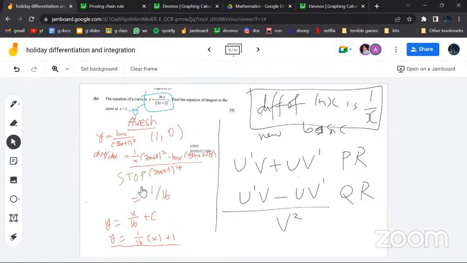What is x to the power of 0? 1. What happens to the 3? The 3 stays, right? That's the pattern. So 1 times 3 times x to the power of 0 is equal to? So the differential of 3x is?